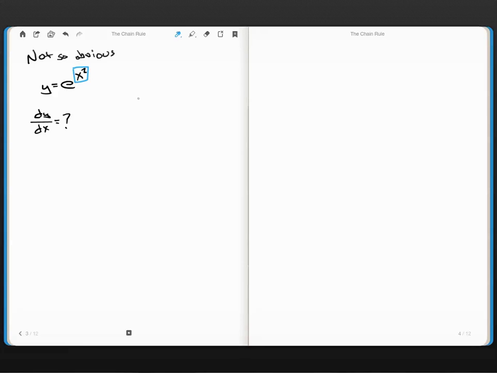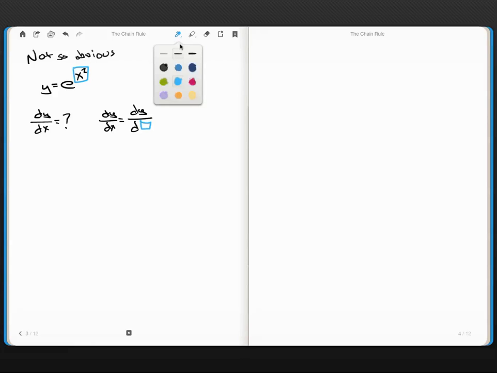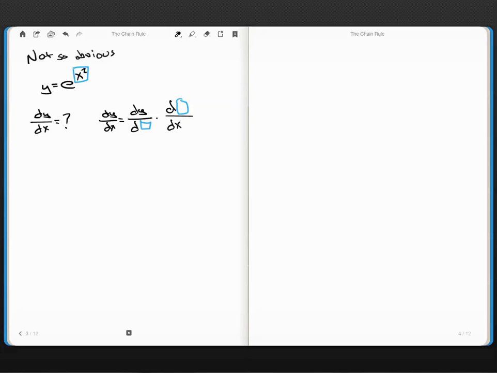I know that the derivative of y with respect to this thing, dy/dx, equals the change in y relative to however my blue box changes, times the derivative of my blue box with respect to x.